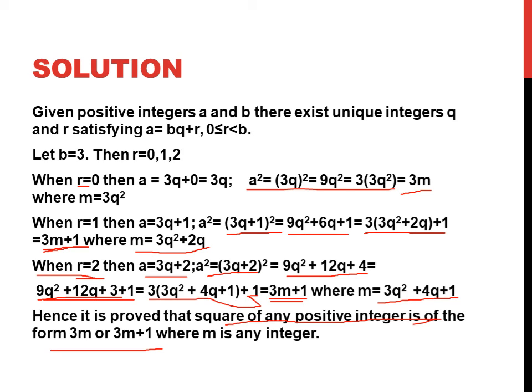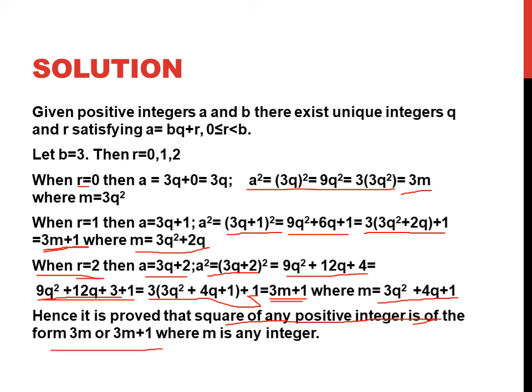So the first case is when r is equal to 0, then a is equal to 3q + 0 equal to 3q, and hence a square will become the square of 3q, which is 9q square, equal to 3 multiplied by 3q square, which can be written in the form of 3m, where m is equal to 3q square.